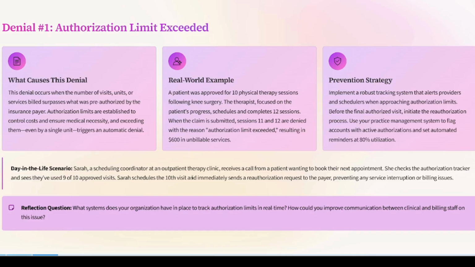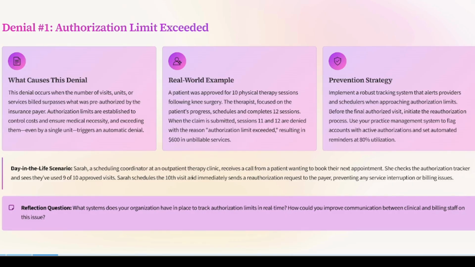Authorization limits are established to control cost and ensure medical necessity, and exceeding them even by 1 unit triggers an automatic denial. That's also why we use tools like Craneware or other different software that will let you know what your limits are for the units or MUEs that we bill.